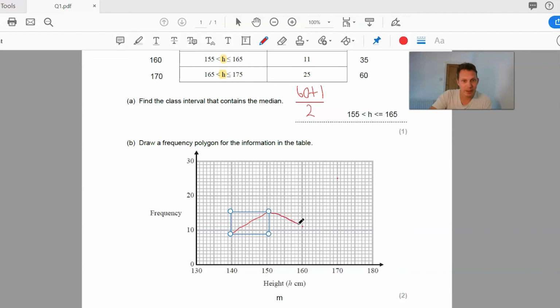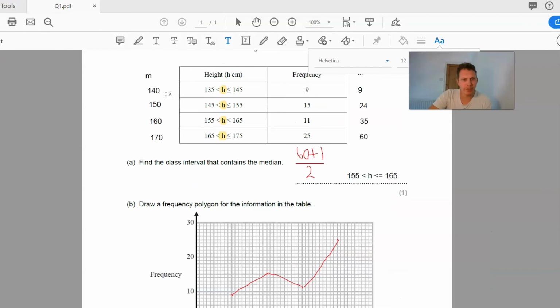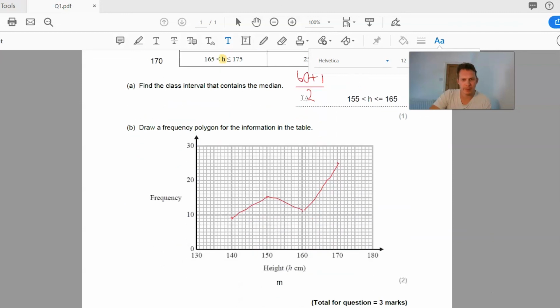Join these dots up and you'll end up with a polygon because it's got many sides to it. 1, 2, 3 sides here. So we've got 4 data points that we've plotted, and they are based on the midpoint that we worked out, so what's in the middle of the group, and the frequency that's in the table. And that's it. That's all the marks for this question.